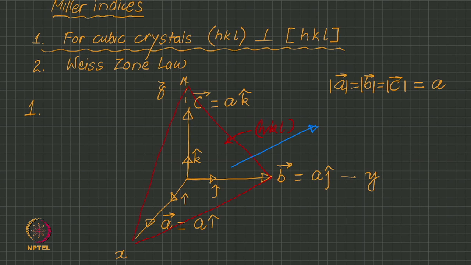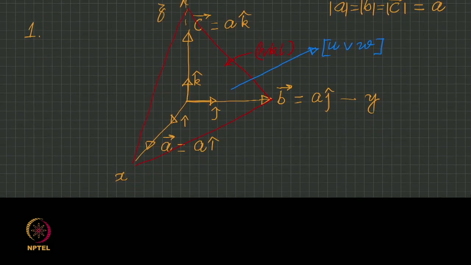Let us say that this is the normal, and we want to prove that this normal is also the HKL direction, but currently we have not proved that. So, we can't assume it to be HKL. We give it a general designation UVW.